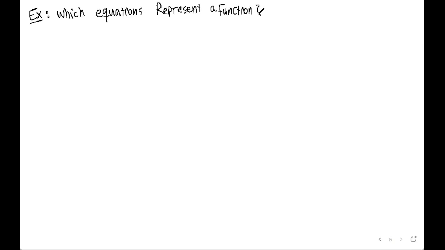By the way, what is the meaning of function? What's the definition of function?